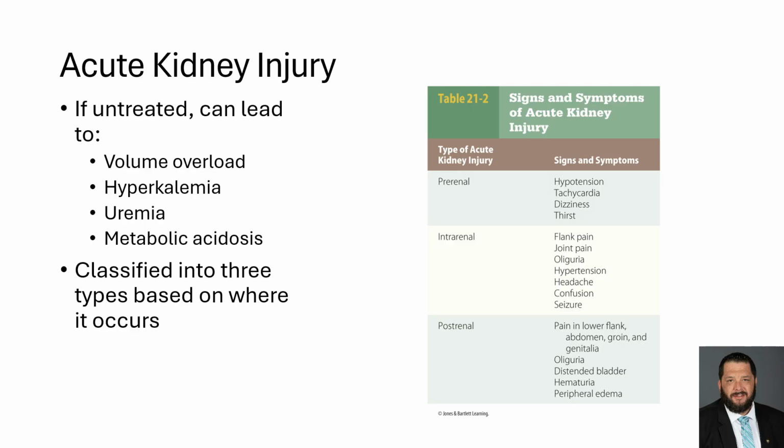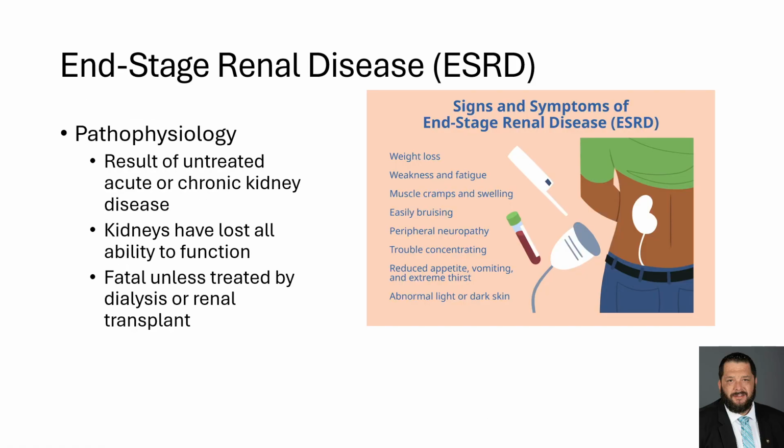For untreated kidney injuries, we end up in states of volume overload, hyperkalemia for the advanced level providers, and metabolic acidosis and uremia. They're classified into three types based on where the kidney injury occurs. So you have prerenal, intrarenal, and postrenal. You can see a chart here that outlines some of the acute kidney injury presentation types.